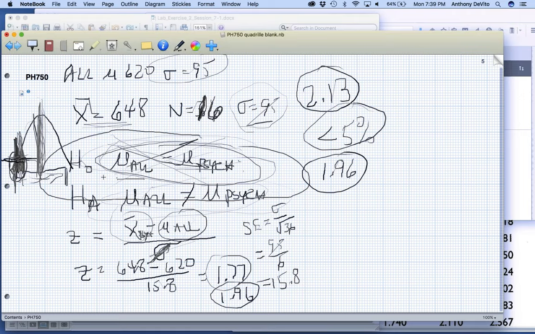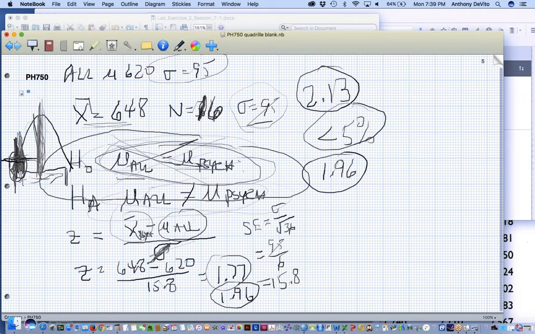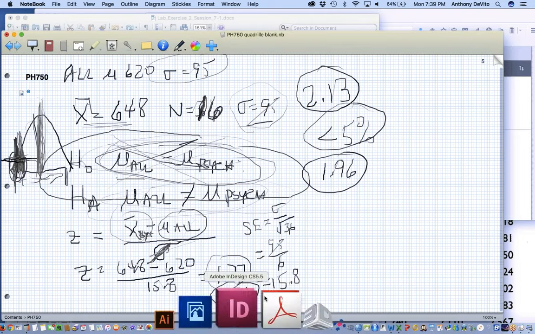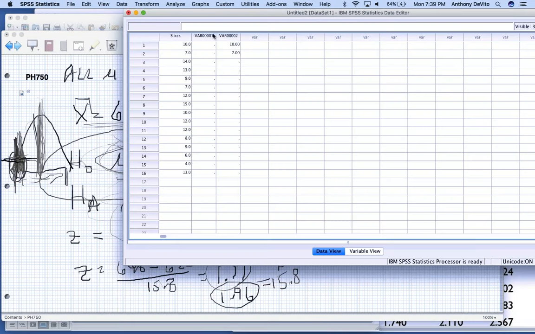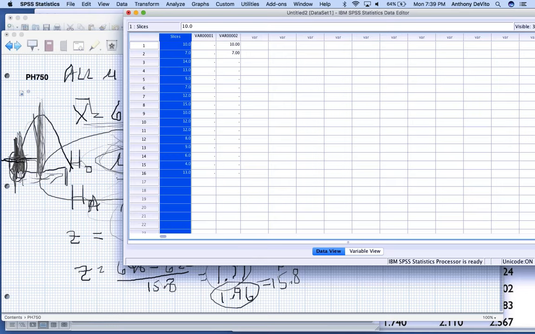Okay, so I'm going to open SPSS for a moment, and go back to the example we just had. What if I told you that in Boston, we know that the average number of slices in corned beef sandwiches in every Irish pub in Boston is 11 slices.